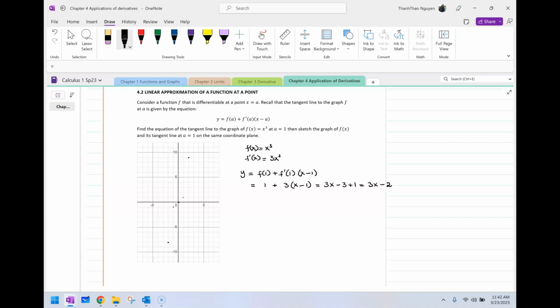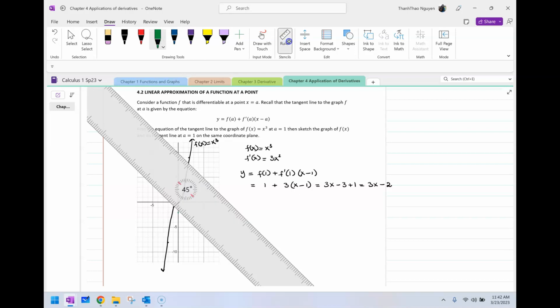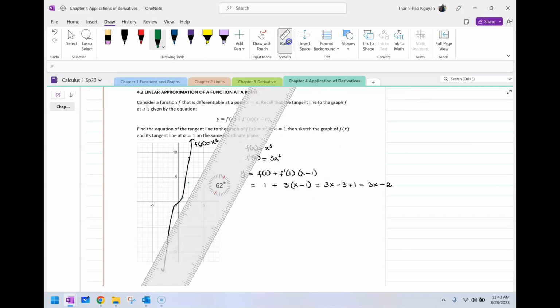So this is our x cubed. And the equation of the tangent line is 3x minus 2. So the y-intercept is at negative 2, and the slope is 3. We'll connect these points to make the tangent line.